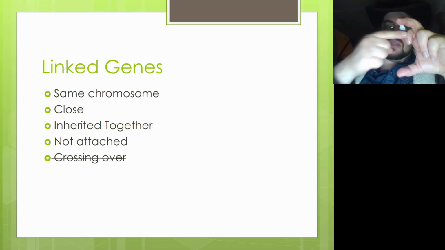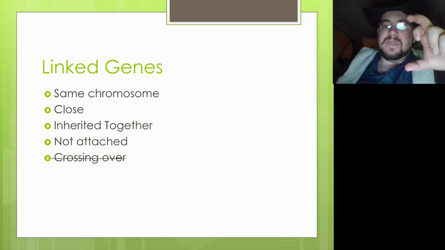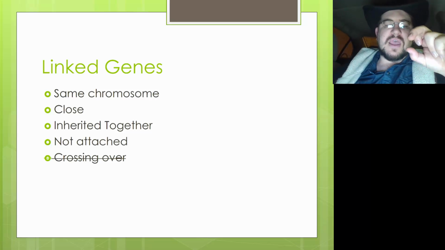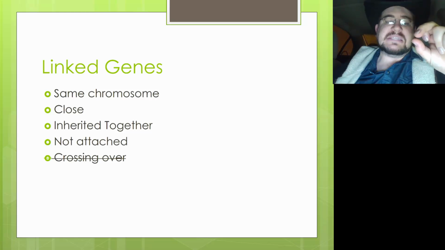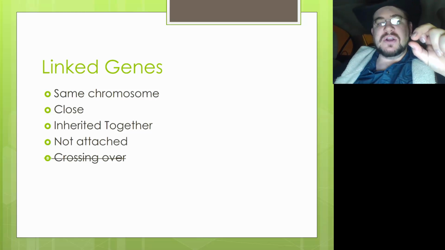So the closer they are together, the more likely they are to be inherited together. When they're close enough that crossing over only extremely rarely separates them, they are considered linked genes. And that's all we have on linked genes.